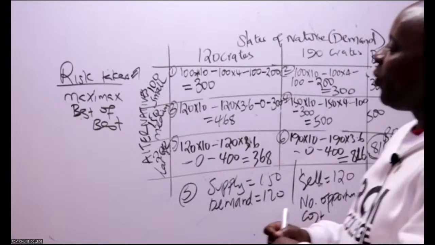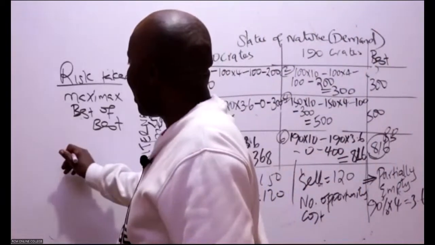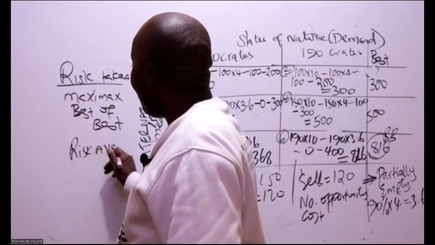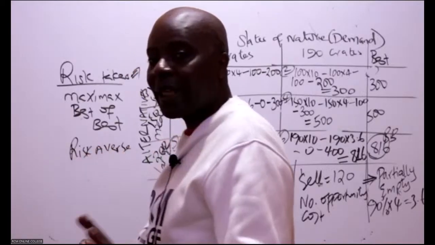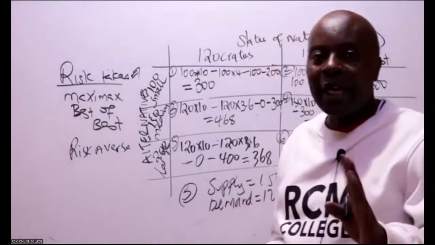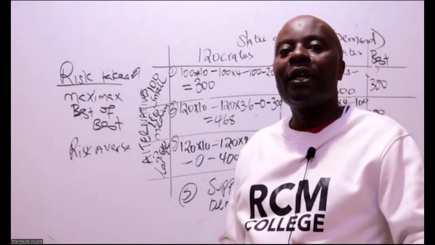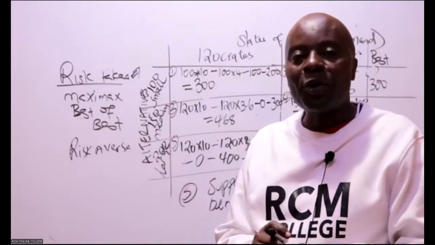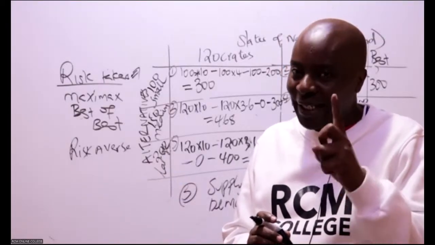And then, ladies and gentlemen, we have risk averse. There are people naturally who are risk averse. As I told you in our last class, you observe them when they are crossing the road, and you'll know that this person fears risks a lot.